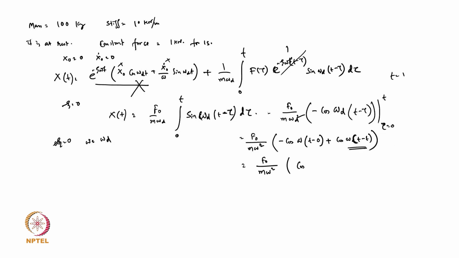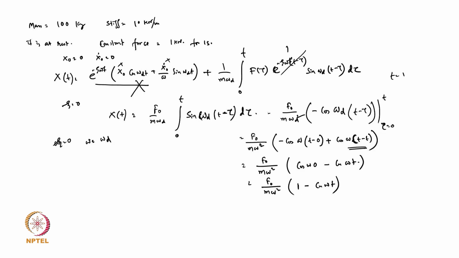So that will be cos of omega into 0 minus cos of omega t. So f0 divided by m omega square into 1 minus cos omega t. So that will become the response of that system.